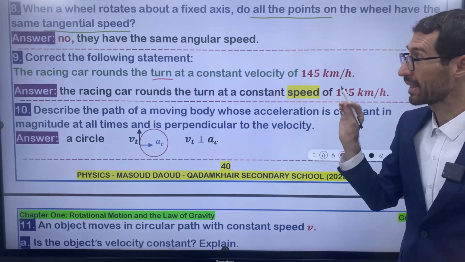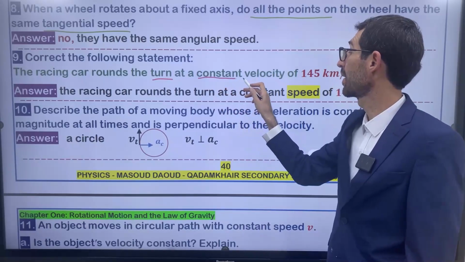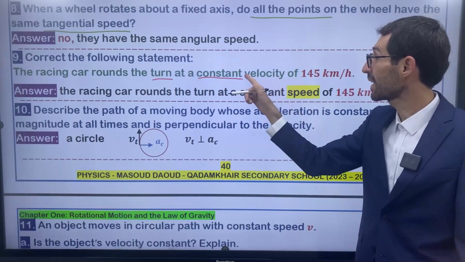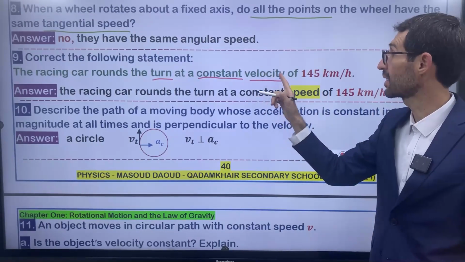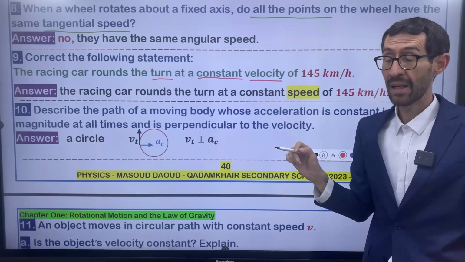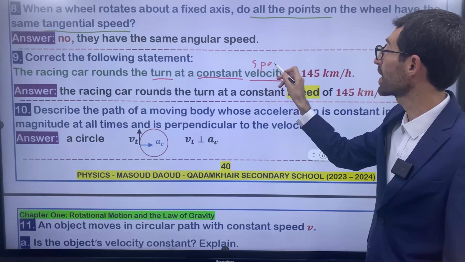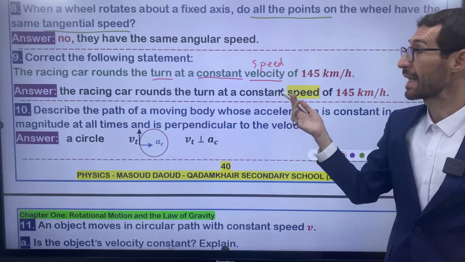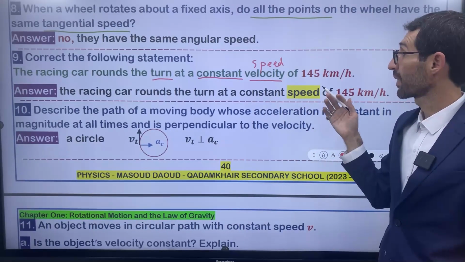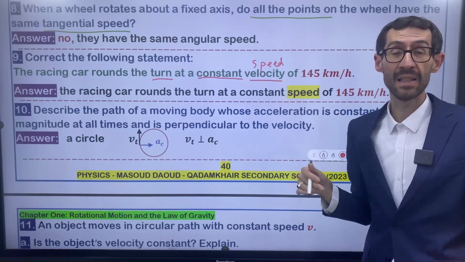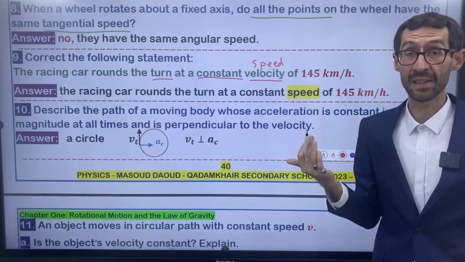If you take a look at the information, it says the racing car rounds the turn at a constant, right? Does constant come with velocity? In physics, constant does not come with velocity. Constant should come with speed, not velocity, because velocity is a vector quantity, it's not a scalar quantity, and velocity can never be constant because it's a vector quantity.